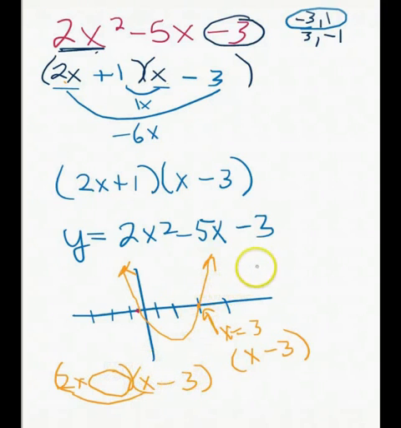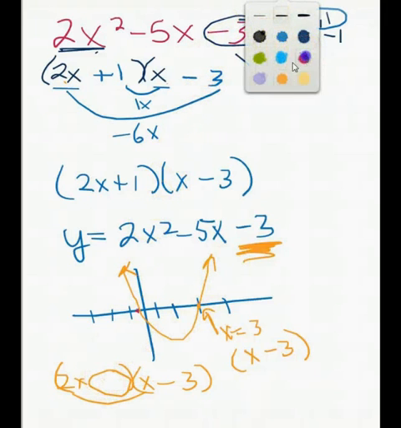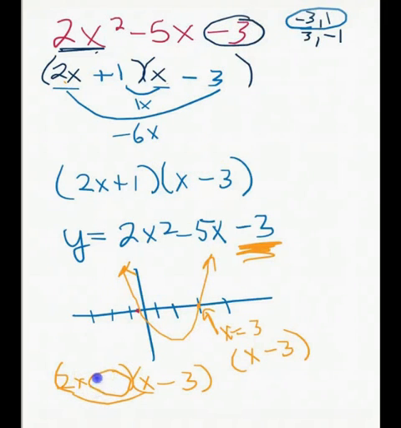Because I still have to get negative 3 over here, so all I have to think about is negative 3 times what gives me negative 3? Well, it has to be a positive 1. So you can experiment that way. You're not going to be able to read the other one so well because it's between tick marks, whereas here it's right on the money. So I can use that to my advantage.